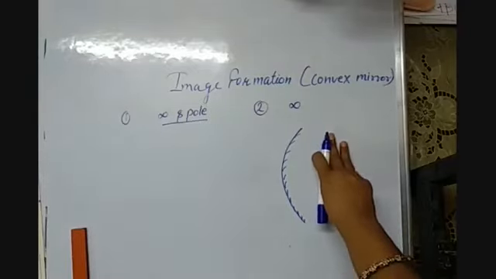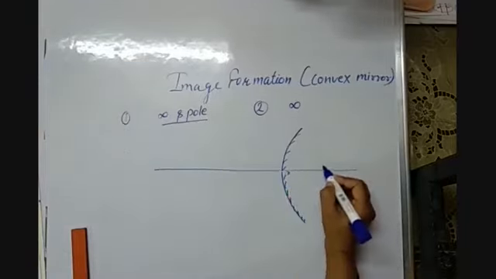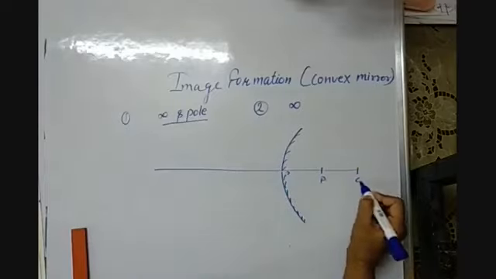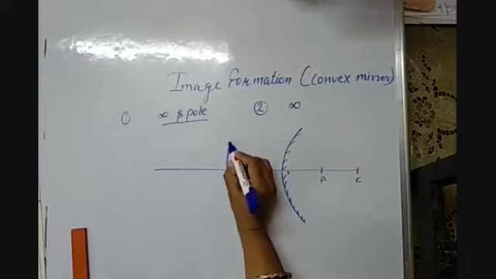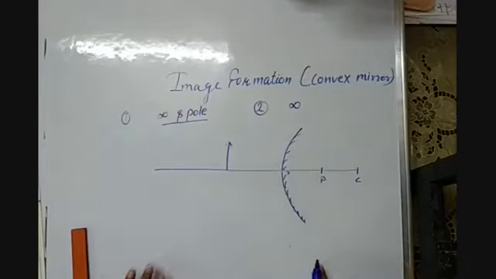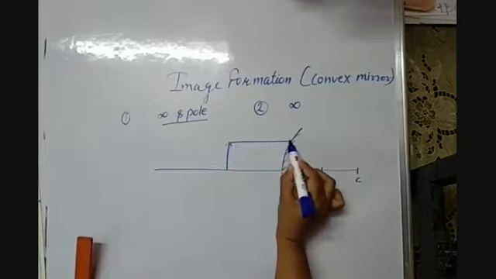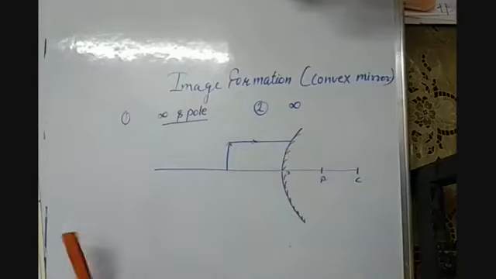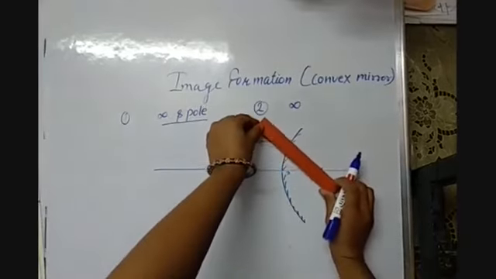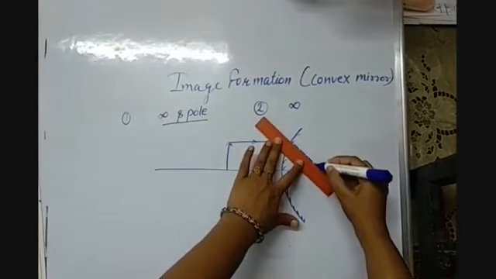So when the object is placed anywhere between infinity and the pole, let's say it is placed here in front of the mirror, then we have to again choose 2 rules out of the 4. The first is that when it is incident parallel to the principal axis, it will get reflected back in such a way that when we retrace it back, it will pass through the focus.